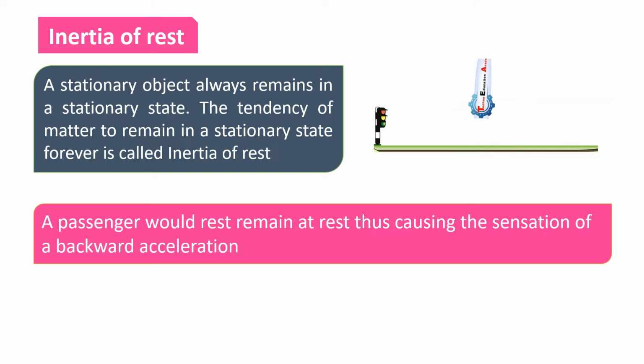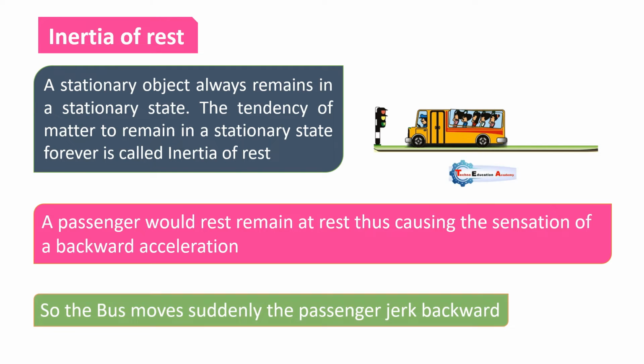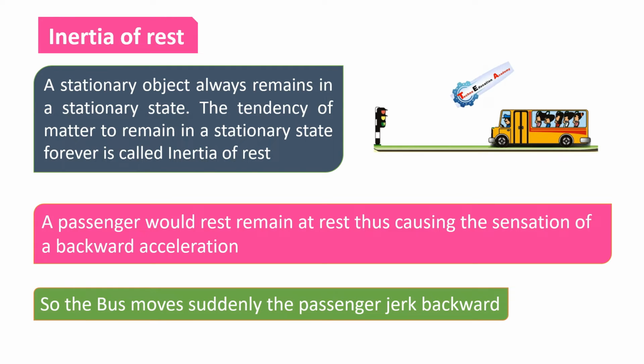But the upper part of the body wants to stay still due to inertia of rest. So the passenger leans back, remaining at rest, which causes the sensation of backward acceleration. So when the bus moves suddenly, the passenger jerks backward. You can easily understand the inertia of rest through this animation.